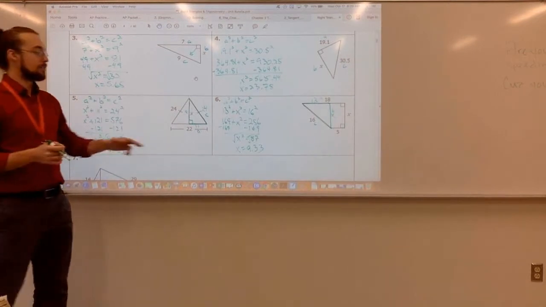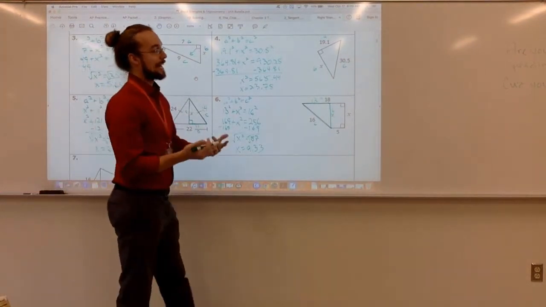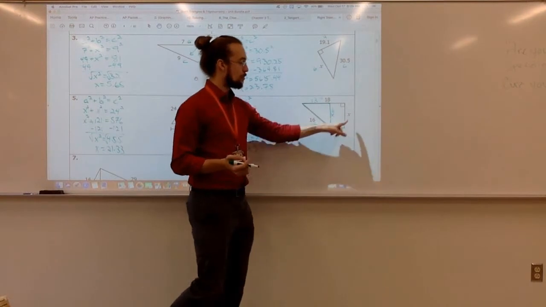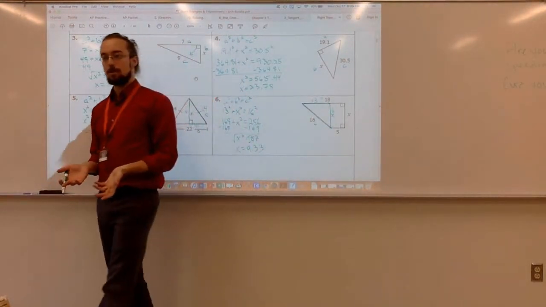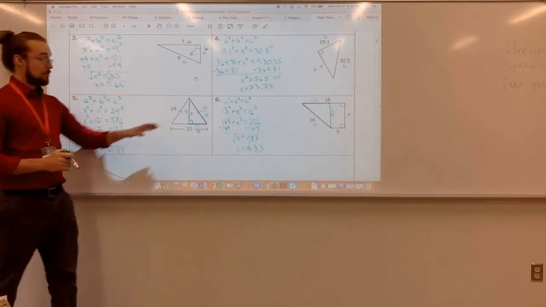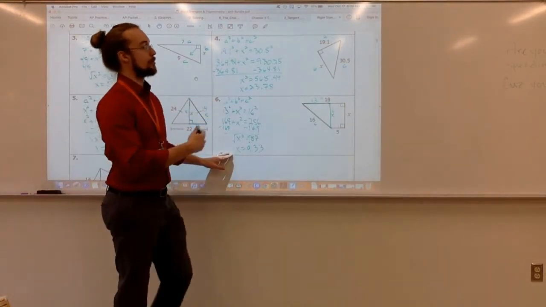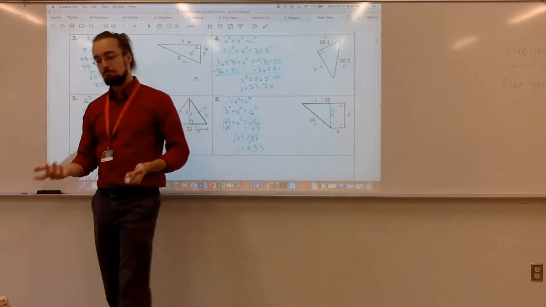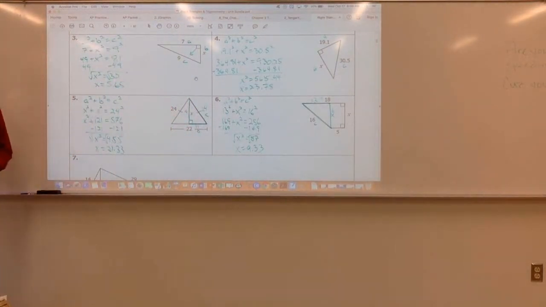So we would need to find this missing side, and then add all 4 of our sides together to find the perimeter. We'd have to go through this process, but then there'd be another step. Most of the questions on the geometry AIR test are like that.